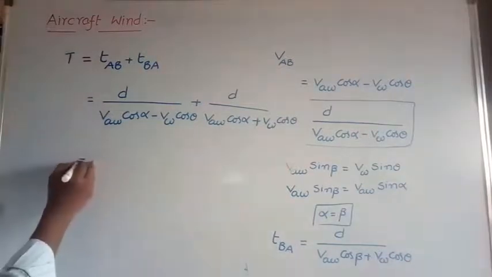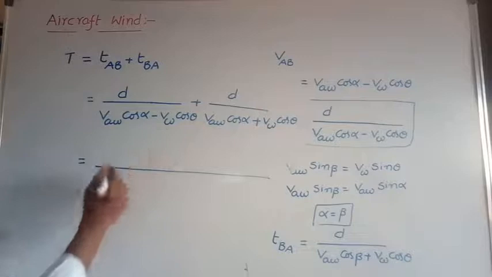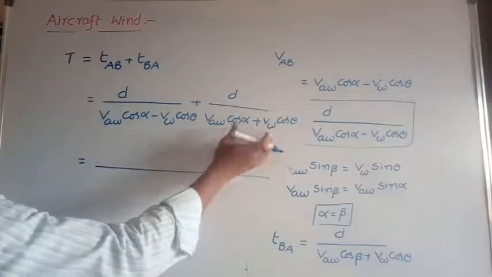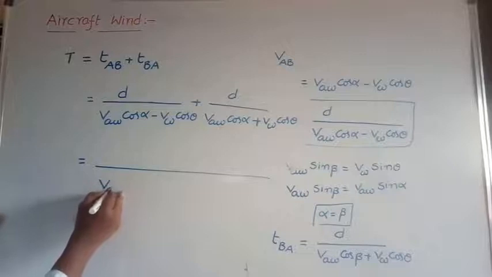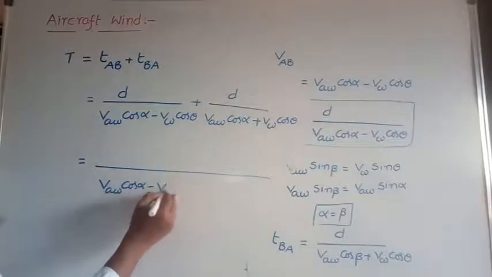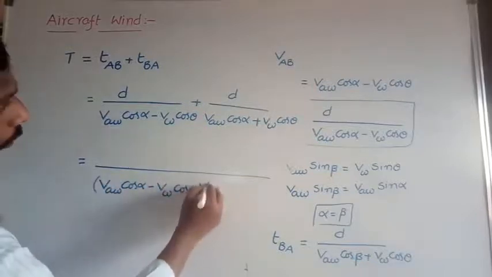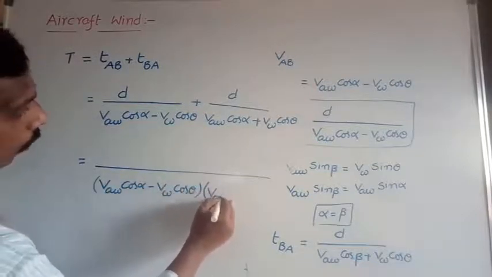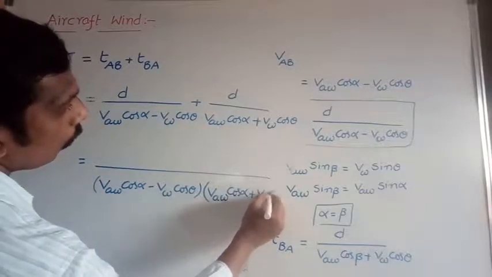Taking the LCM, the denominator is VAW cos alpha minus VW cos theta into VAW cos alpha plus VW cos theta.